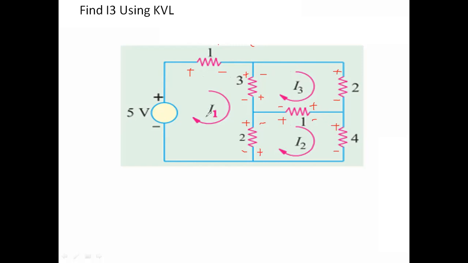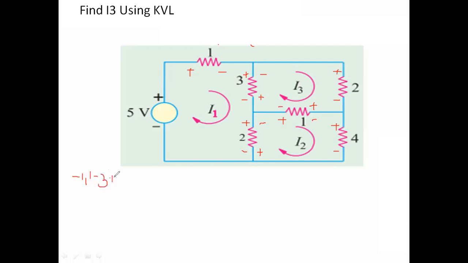From this sign notation, you can easily write the equations. For loop 1, the I1 current: I1 into 1, this is minus because this is the drop. Minus I1 into 1, minus 3 into I1.